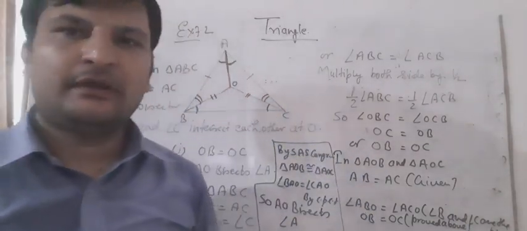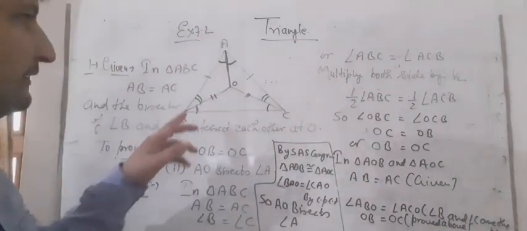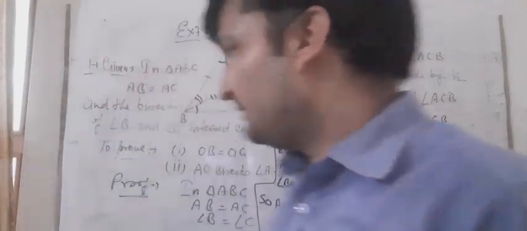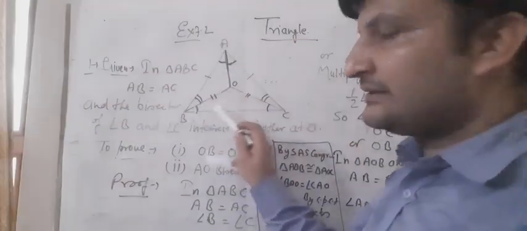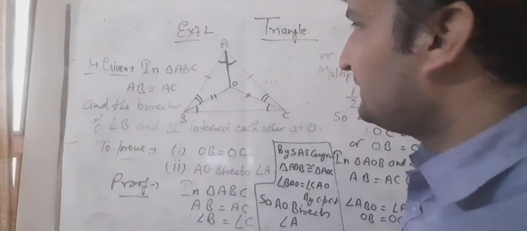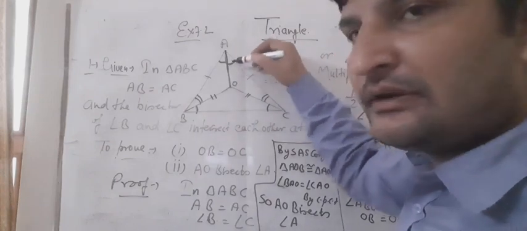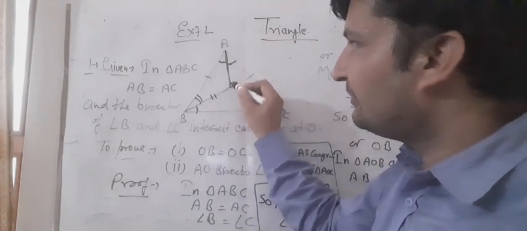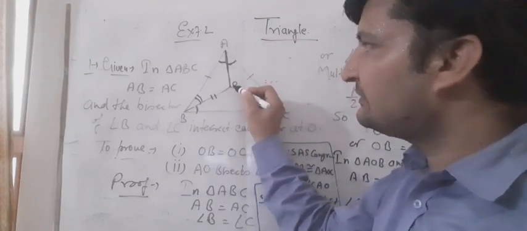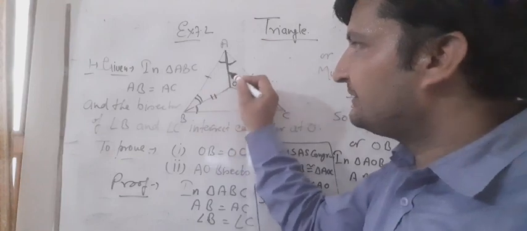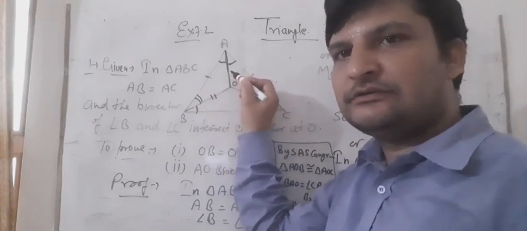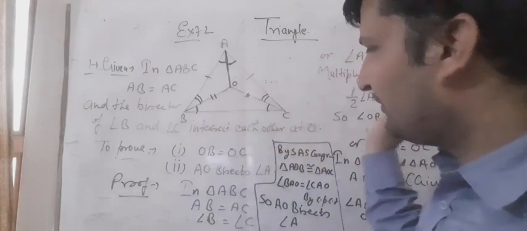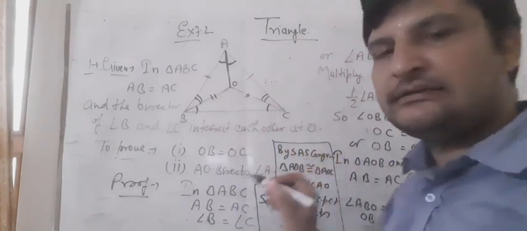One more thing students, I want to say to you: this we have proved, but in this triangle we can use SSS also. It is already given, AO means join A to O. It is already given. It means we can use the side and side property also, and we have used SAS congruency.